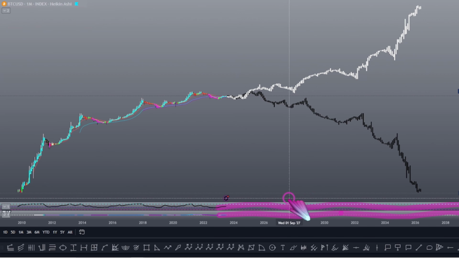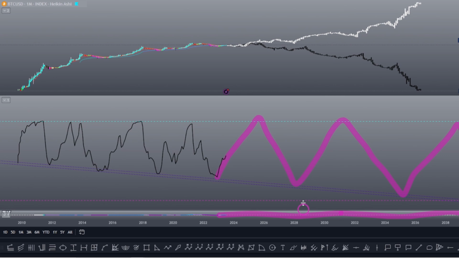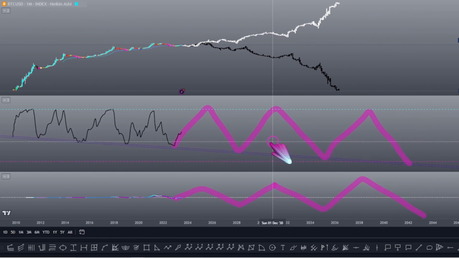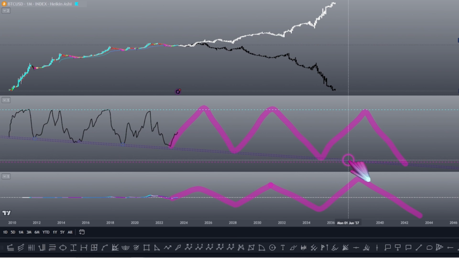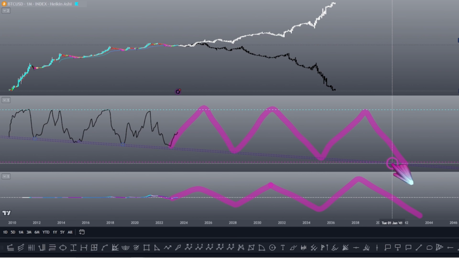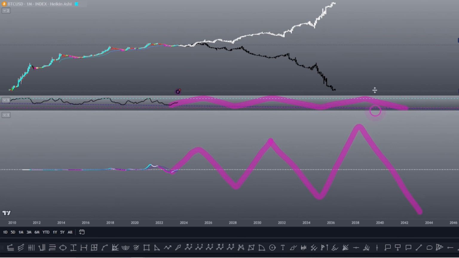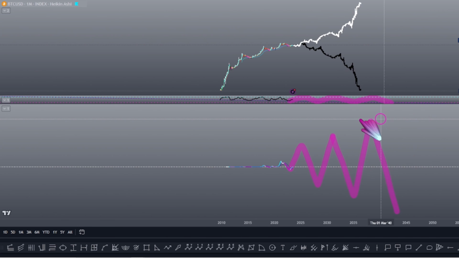If I actually go back down to our RSI down here, in the MACD, we can see that this trend line, if it follows this descending support, the RSI would meet zero roughly 2040. So around the beginning of 2040, if this trend stays the same, the velocity of Bitcoin would hit zero, and I would project that the MACD is going to look basically how I've been painting it in a lot of these other videos.